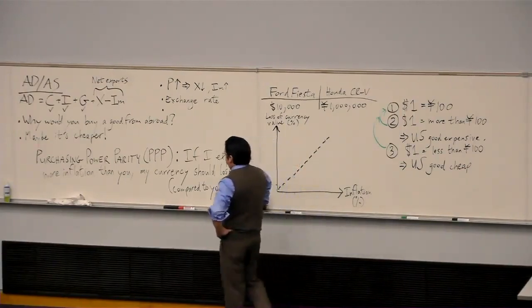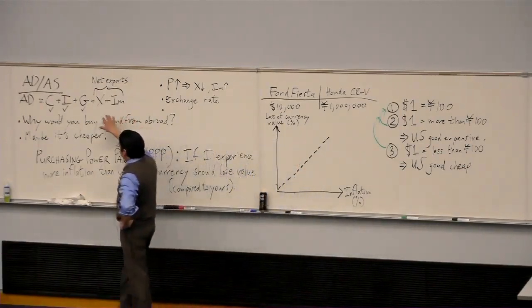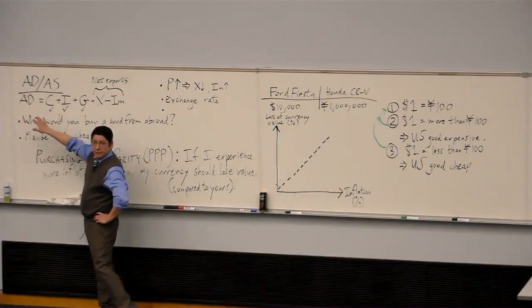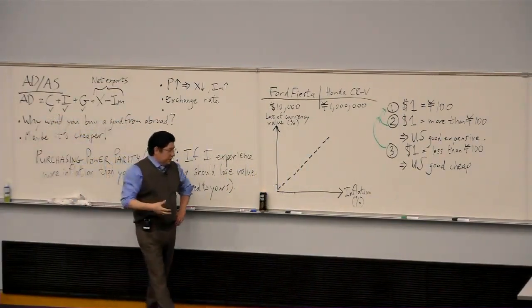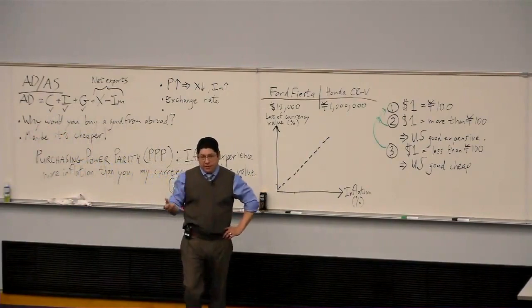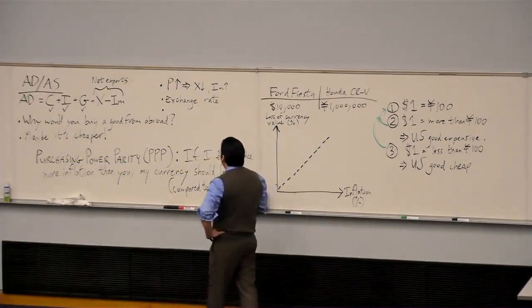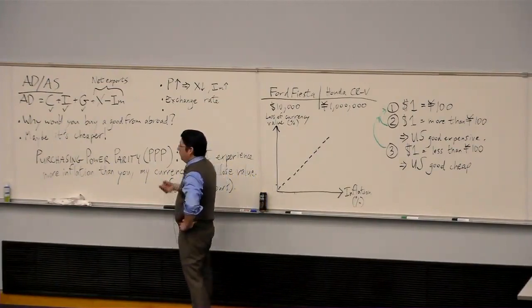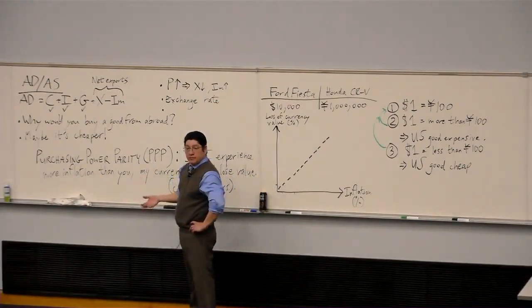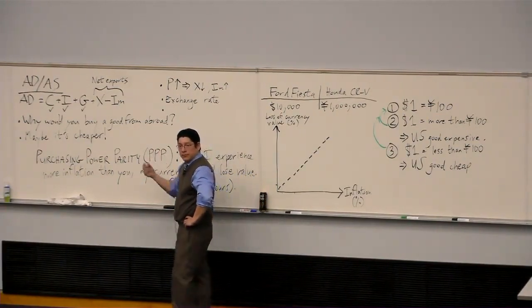What's going on? Suppose this is the aggregate demand of Mexico. The United States is an important trading partner of Mexico. There's a lot of goods going back and forth. And suppose the United States goes into a recession for some reason. Maybe there was a financial crisis, or who knows, doesn't really matter what's the deep cause.